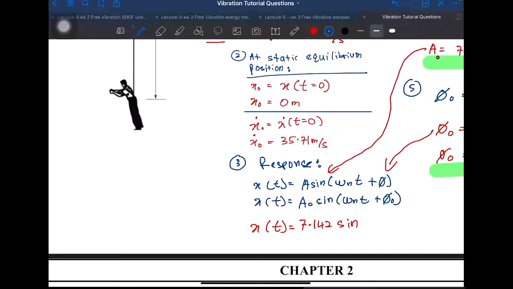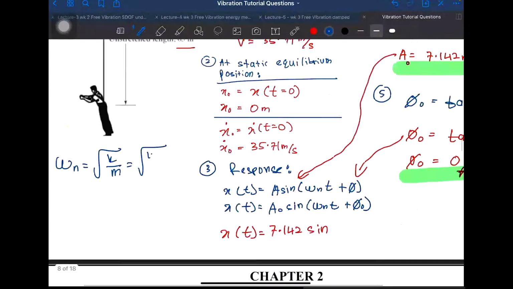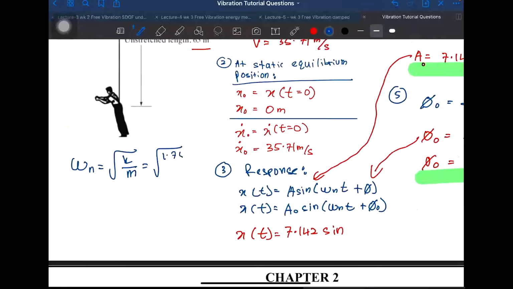So omega n is the square root of 1.75 kilo over 70.